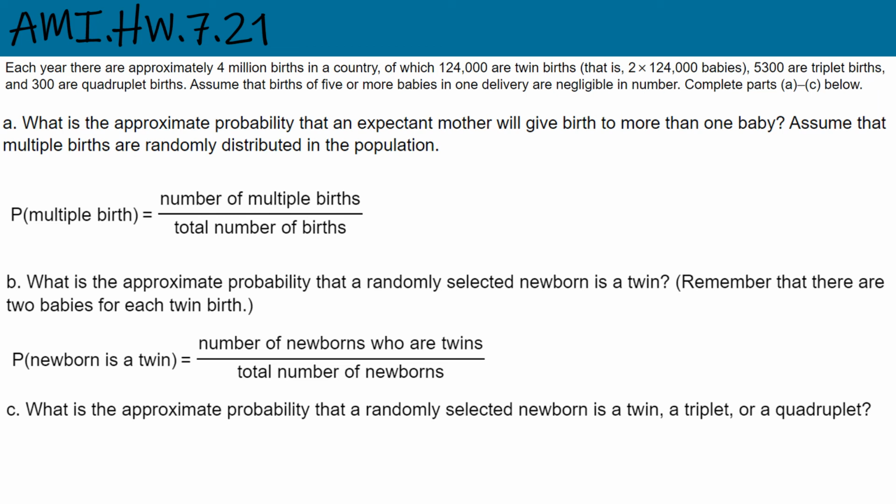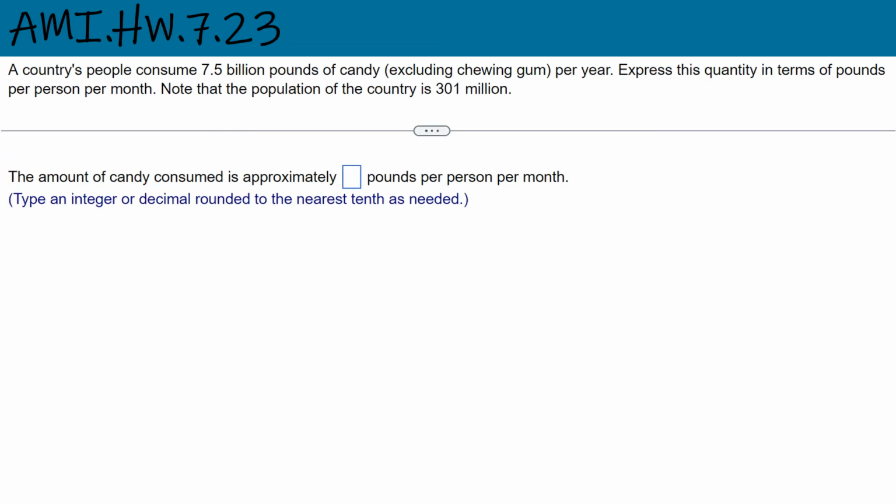We're counting every birth once, but some of those births result in more babies. For example, if there's 124,000 twin births, we have an extra 124,000 babies above the 4 million that we already counted. So we need to account for those. Lastly, you could calculate the probability that they're not just a twin, they might be a triplet or quadruplet.